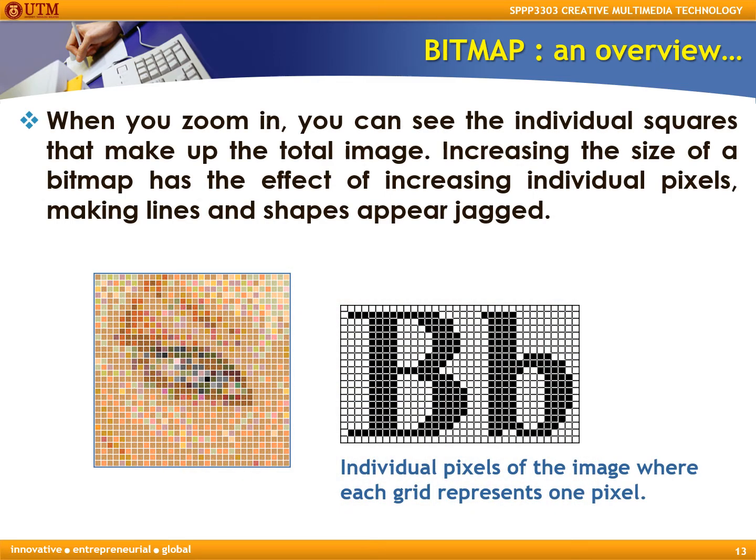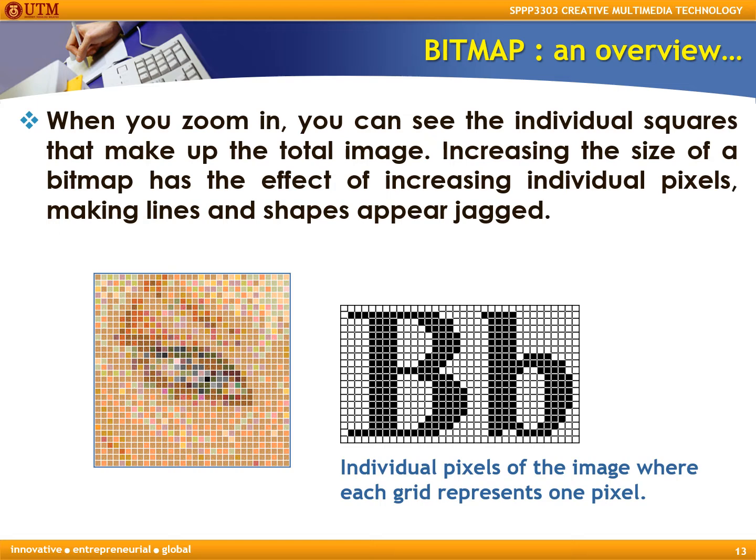Now when you zoom in on the image, you can see the individual squares that make up the total image. One image could be the total of millions of squares, where each square presents one color. When all these colors are arranged together, they present the image to you.